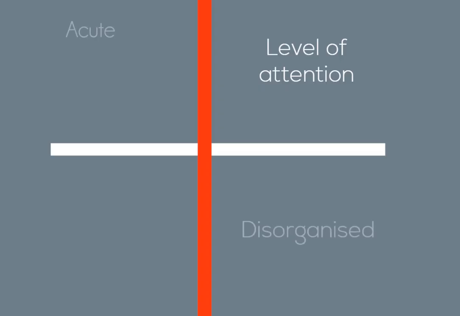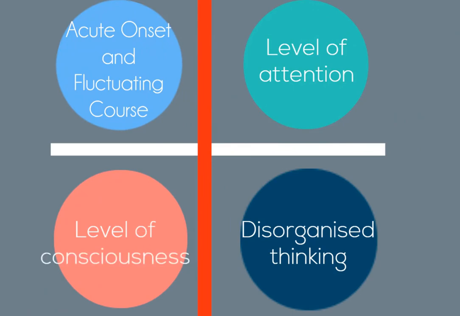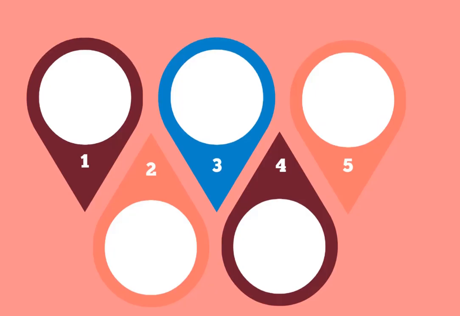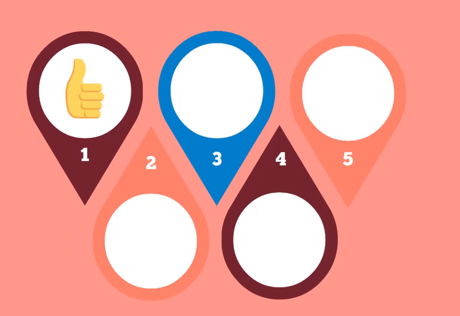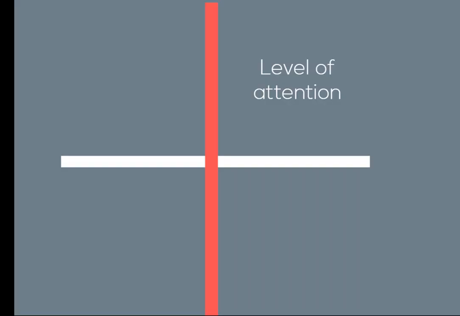And the final feature of the 4 is altered level of consciousness. Overall, how would you rate the patient's level of consciousness? Are they alert, which is normal, vigilant, hyperalert, lethargic, drowsy but easily aroused, in a stupor, difficult to arouse, or in a coma, unarousable?